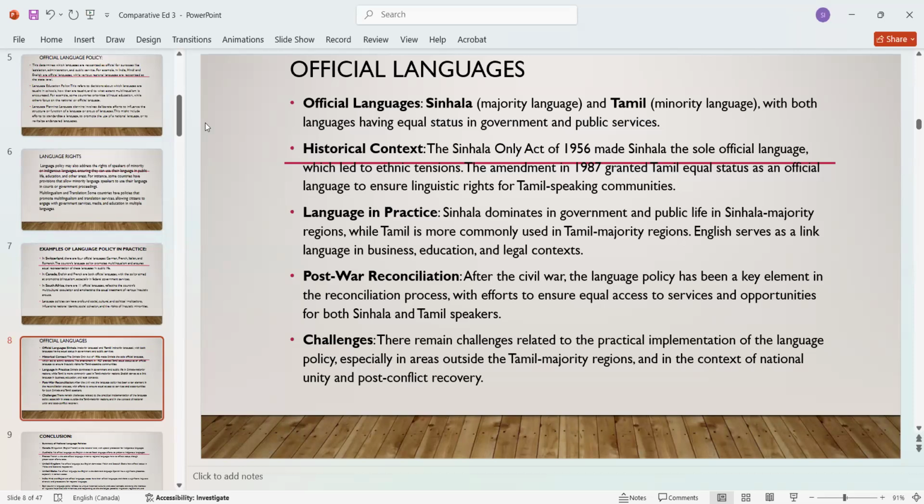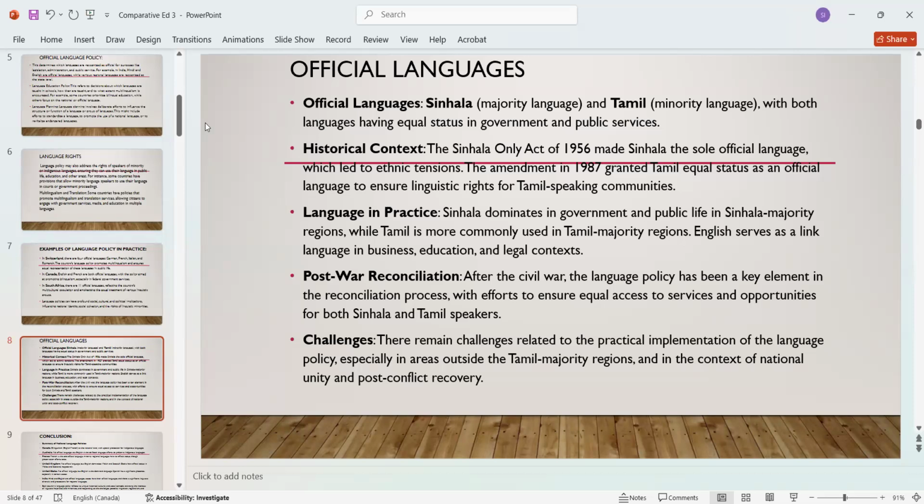So, language in practice in Sri Lanka: Sinhala dominates in government and public life in Sinhala majority regions, while Tamil is more commonly used in Tamil majority regions. English serves as a link language in business, education, and legal contexts. This is the language practice in Sri Lanka.